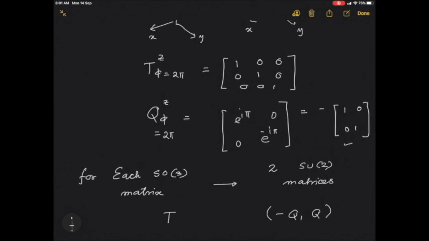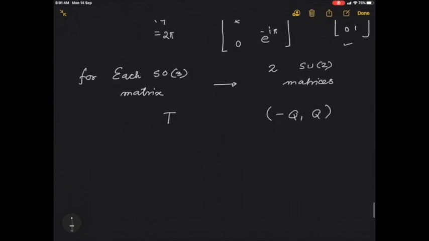Otherwise, in space, I will not come back to the same orientation. Right? Now, this is interesting because now you realize that the mapping from SO3 to SU2 is not a one-to-one mapping. One object in SO3 corresponds to two objects in SU2.